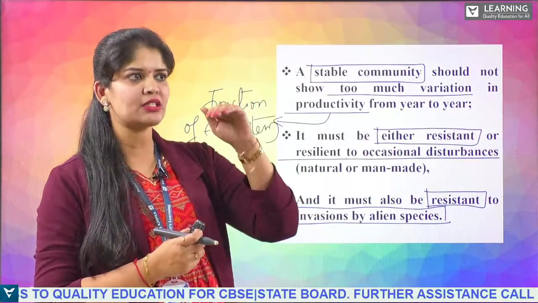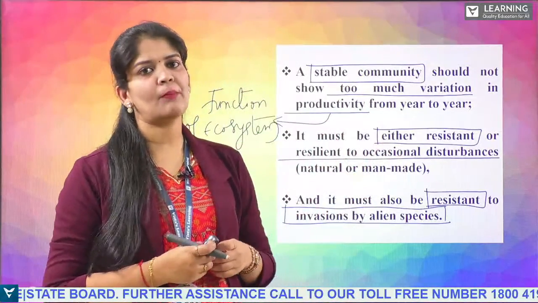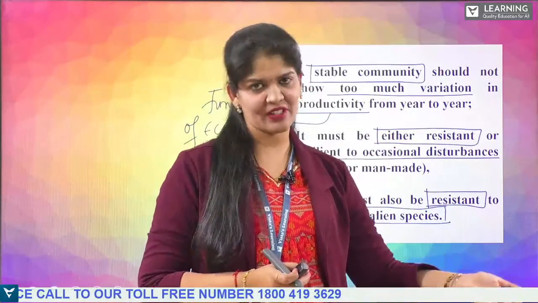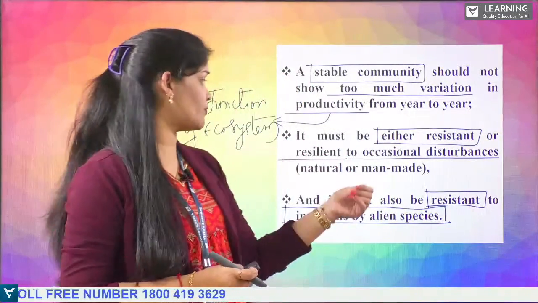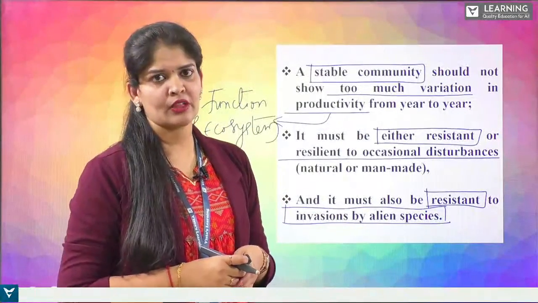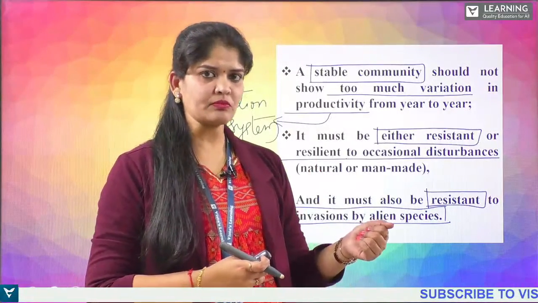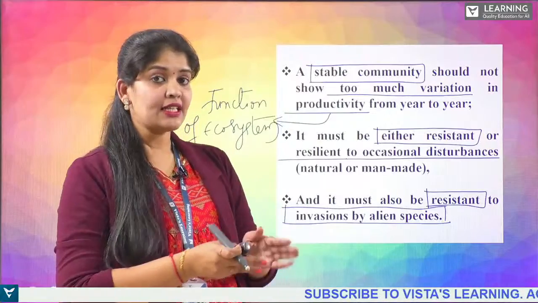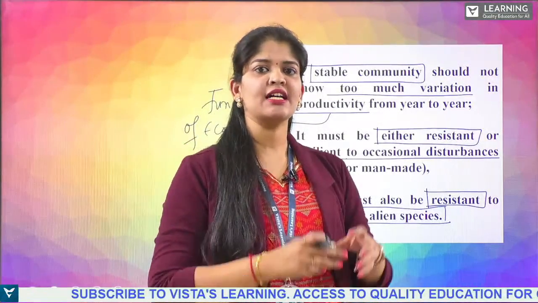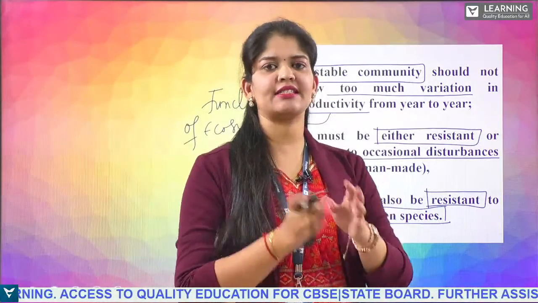They reach such a level where they compete with the already existing species in that particular habitat. That is what we call an invasive. As it is quickly growing, it is definitely going to compete with the existing species. And for all these things, the ecosystem or the community has to be constant. That is what we can say, that particular biological community is stable.